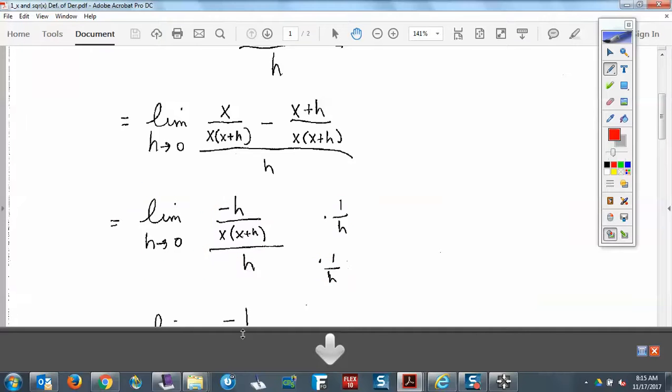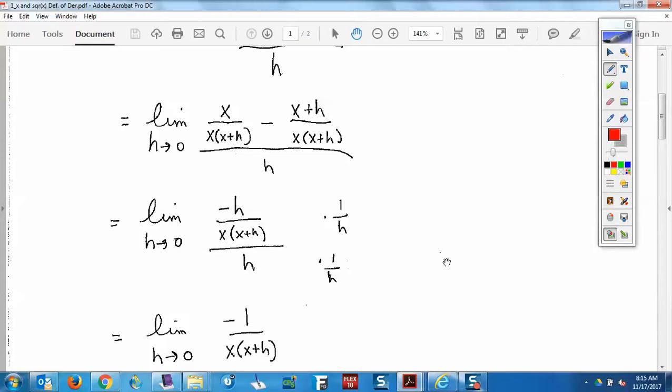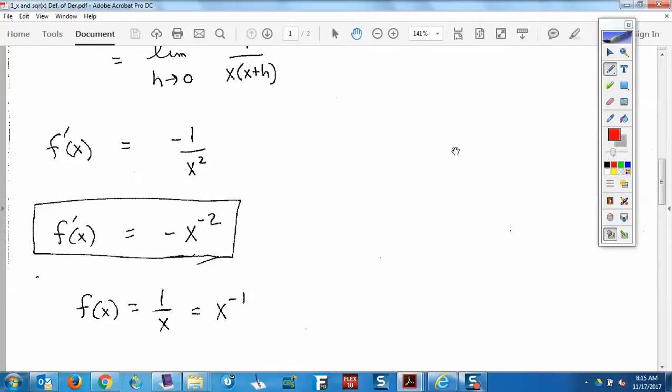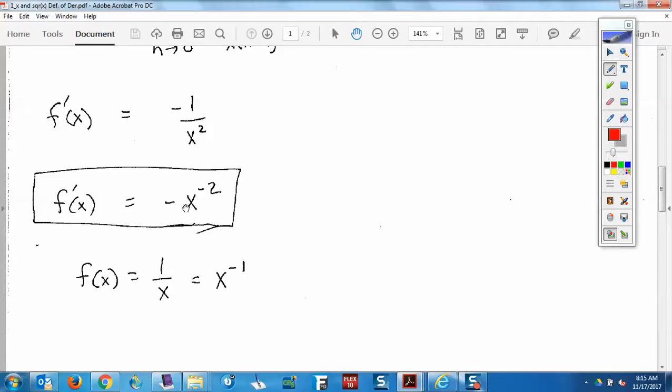Okay? Which is what we were looking for, because if you look at that, negative 1 over x squared would just be negative x to the negative 2. And think about what we started with. We started with 1 over x, which is x to the negative 1, and our new shortcut says we do what? Power rule says we do what?